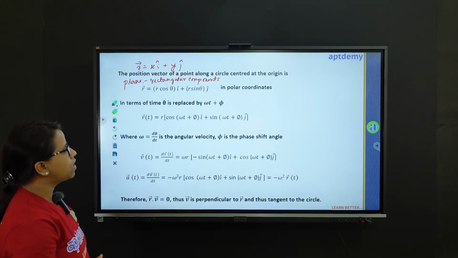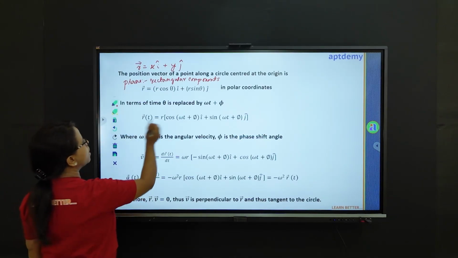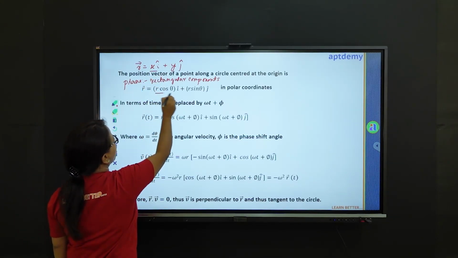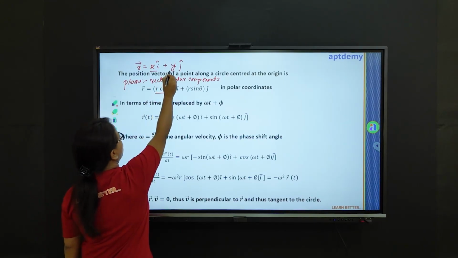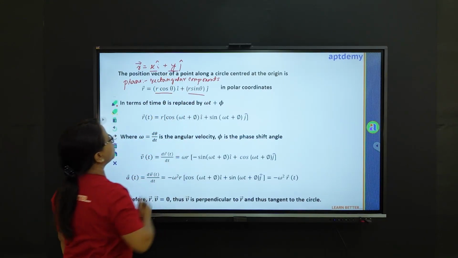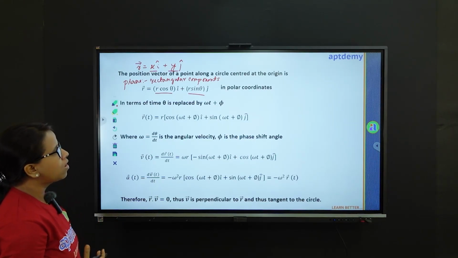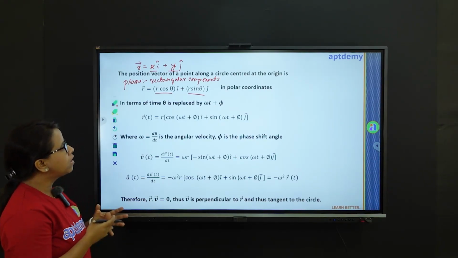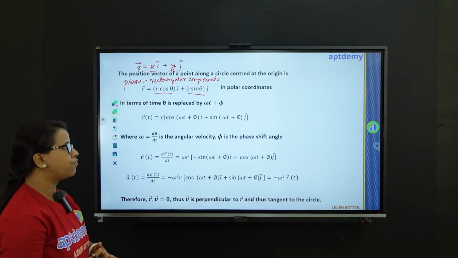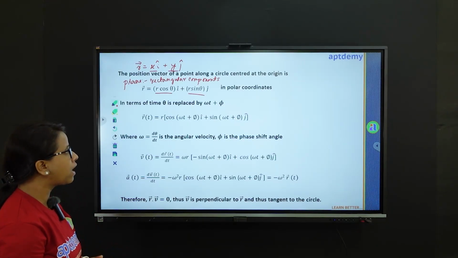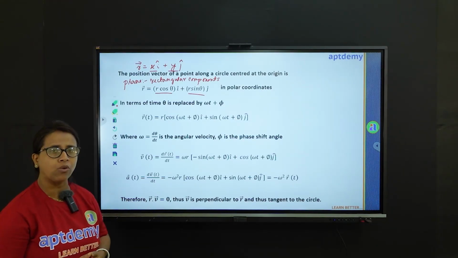Now, what changes here in polar coordinates is that in place of x we have r cos theta, and in place of y we have r sin theta. Now, in terms of time, theta is replaced by omega t plus phi. Phi is the phase change or the phase angle, and omega is the angular velocity.